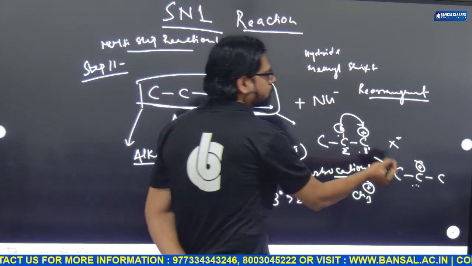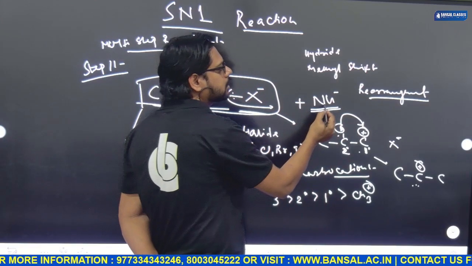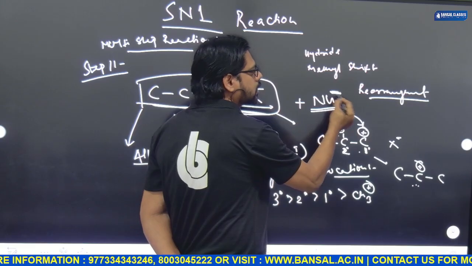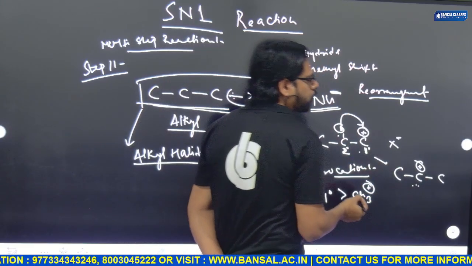Now, we also know that in that particular chemical reaction, there was a nucleophile which contains a negative charge, and here we see that there is a positive charge over here.